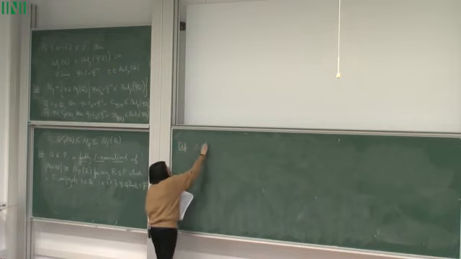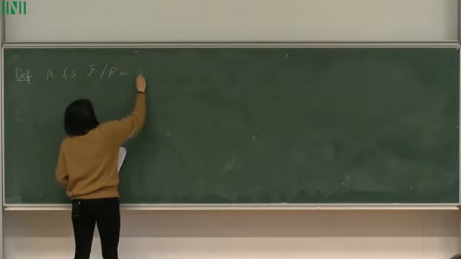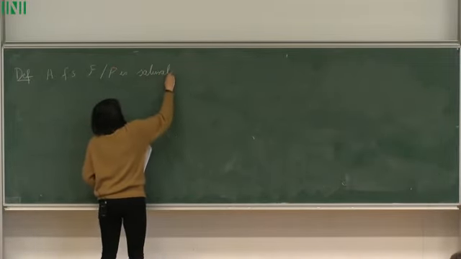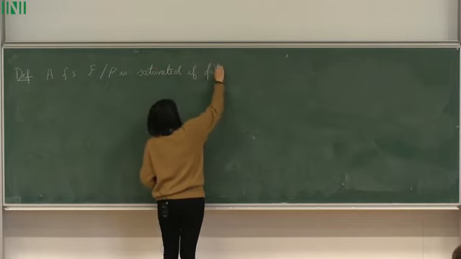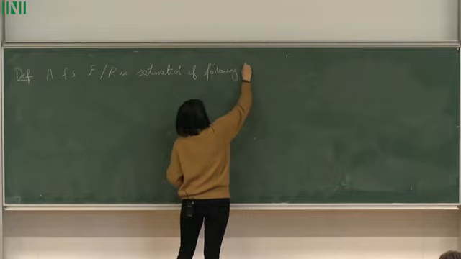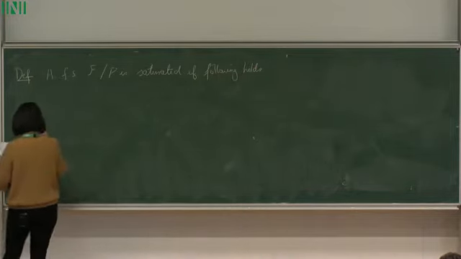So a fusion system F over P is saturated if the following holds. You have two conditions, and they have names.